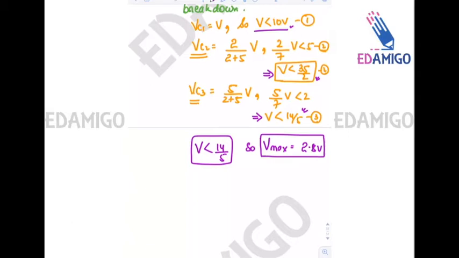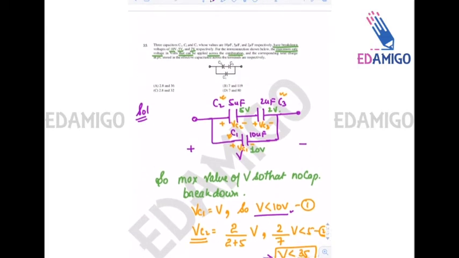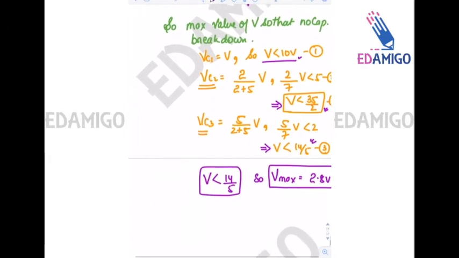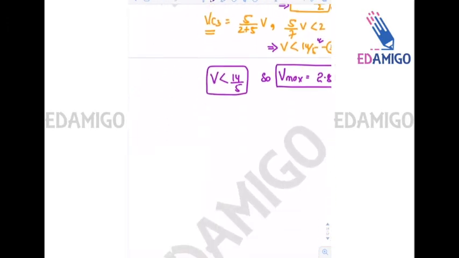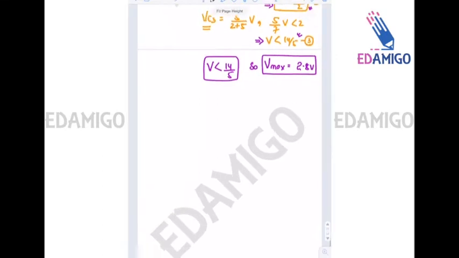Now the other part of the question is to find the total charge in microcoulombs. Since we know that total charge Q equals C into V, Q total is equal to C effective into V. The voltage applied is 2.8 volts.